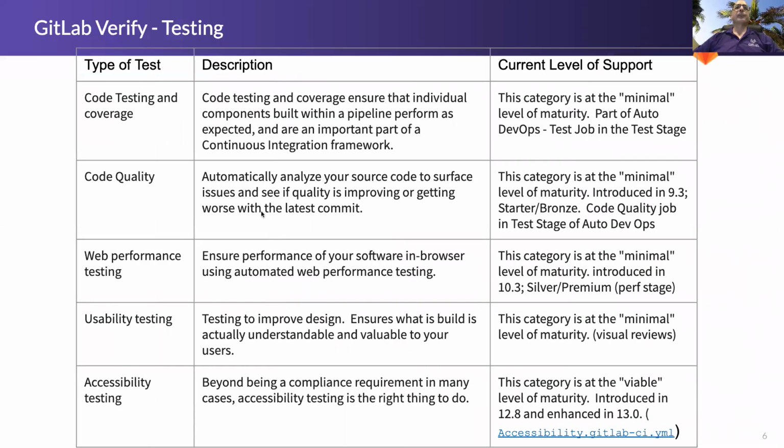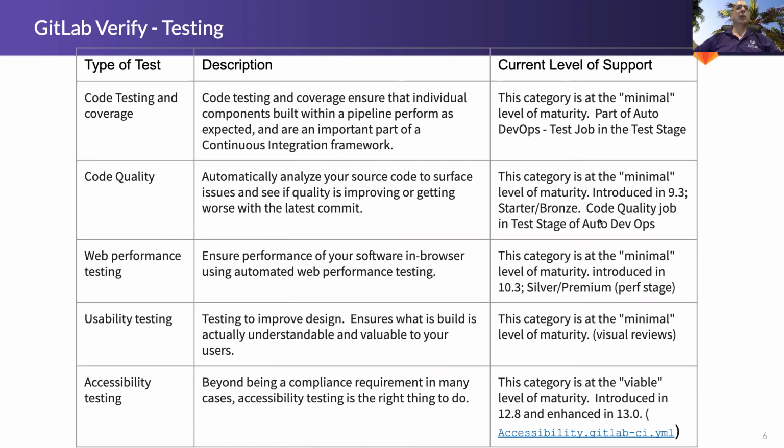Okay, I'm going to talk about a couple other things that we have today. We have code quality. This is where we're analyzing our source code to make sure we have good quality code that's going to last for a long time. This, once again, is at a minimal category of maturity. It was introduced in 9.3, and it's available in Starter and Bronze.